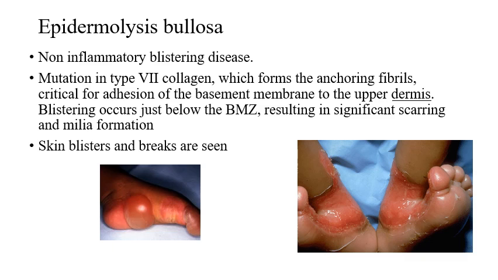So mutation of type 7 collagen will alter the anchoring fibrils. These blisters will occur just below the basement membrane and will result in significant scarring and milia formation. Here we can see the skin blisters and breaks in the skin.